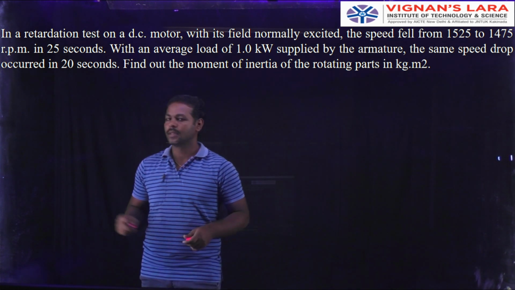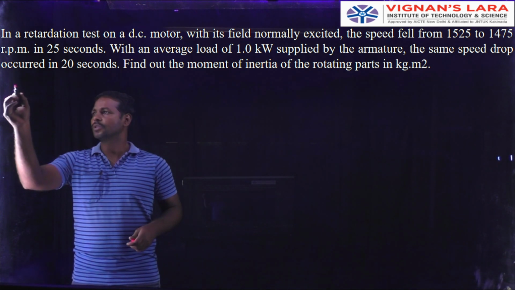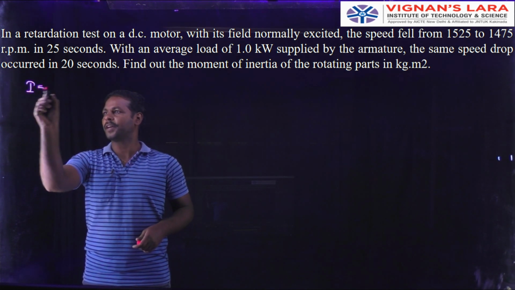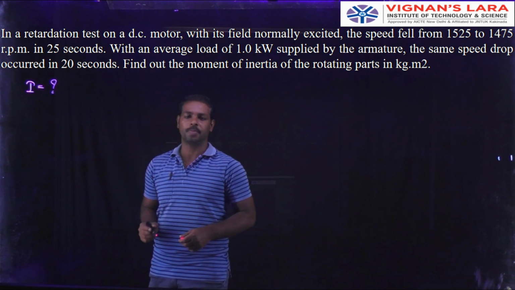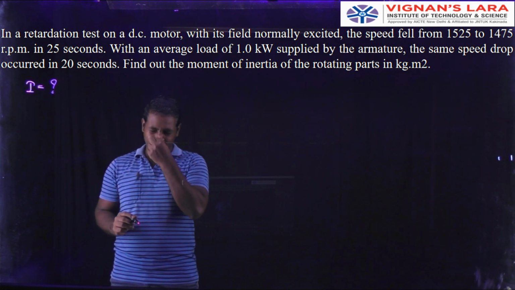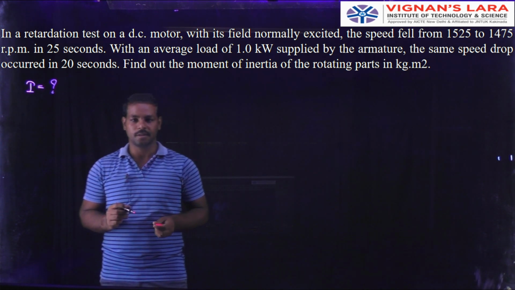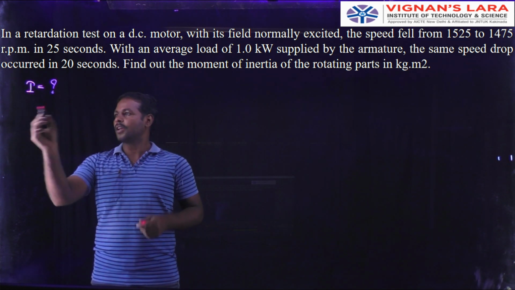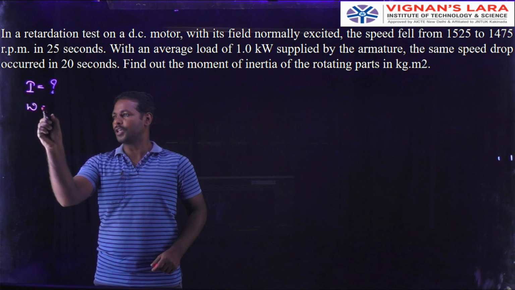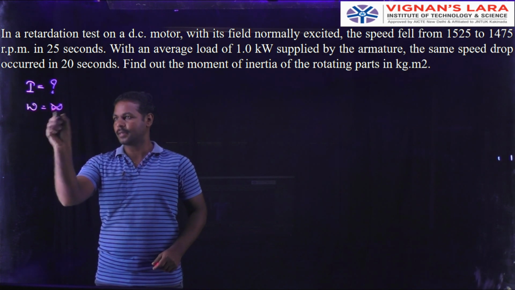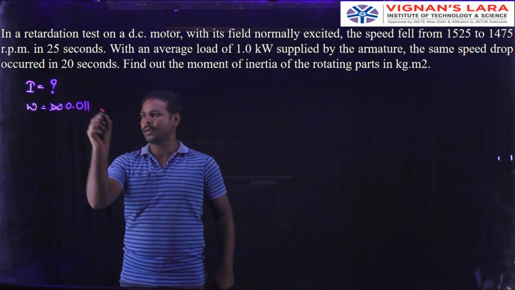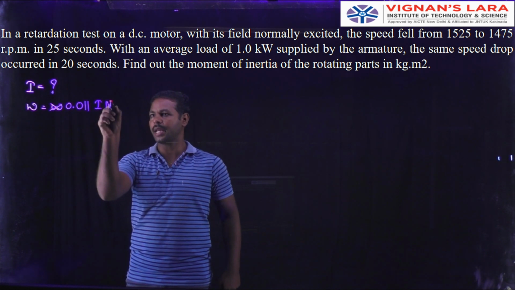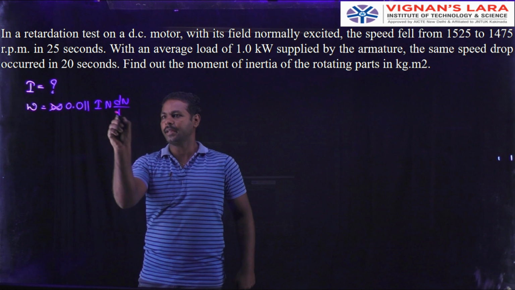In this, the moment of inertia I is to be calculated. That is the unknown parameter. What are the general expressions for the moment of inertia or stray losses of a given machine? W is equal to W dash, otherwise W is equal to 0.011 multiplied by I into N into dN divided by dt.